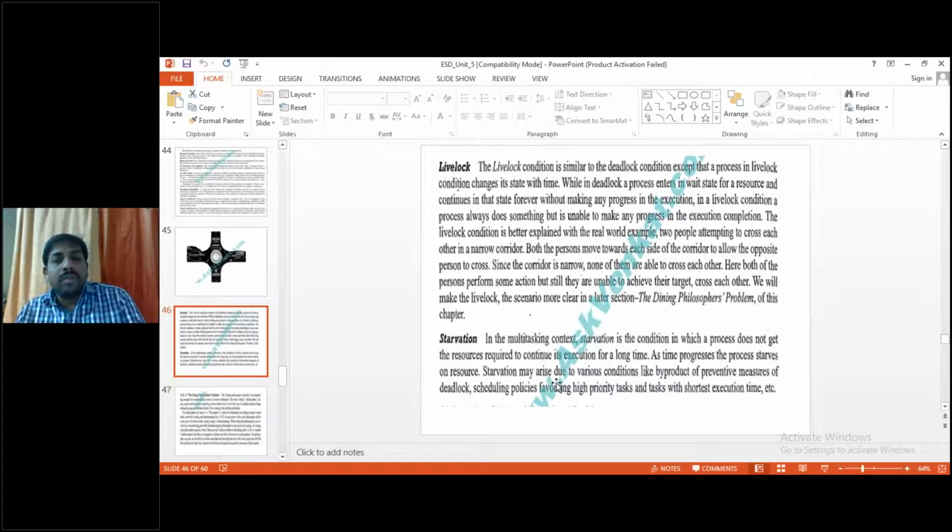Starvation is a condition in which a process does not get the resources it needs for a long time and is unable to get them, and this is due to priority. So starvation may arise due to various conditions, like a byproduct of preventive measures, deadlock, scheduling policies, and tasks with shortest execution time.